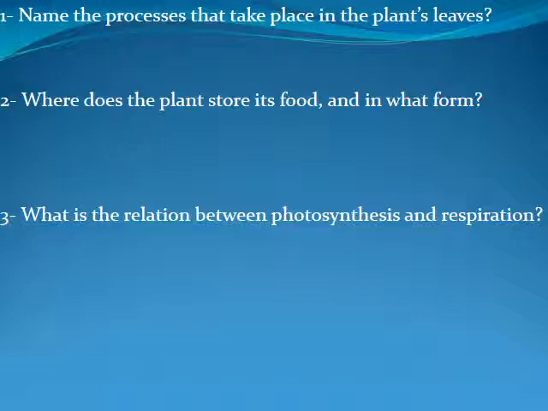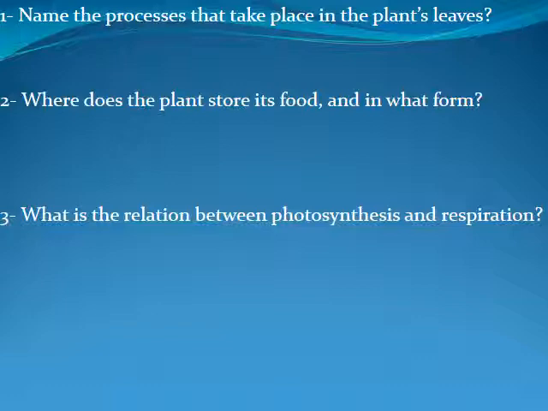Amir, where does the plant store its own food and in what form is it stored? The plant stores food in its roots, stem, leaves, flowers, and fruits. Yes. Stored in the form of sugar. It's known as glucose.